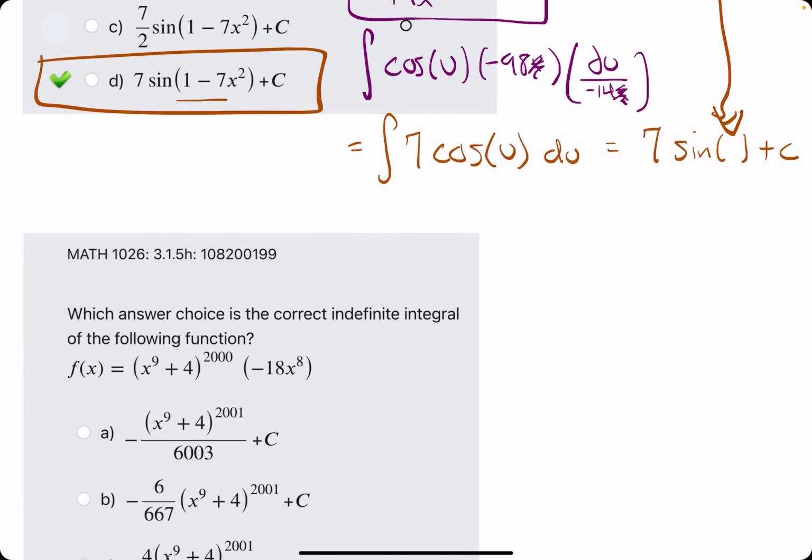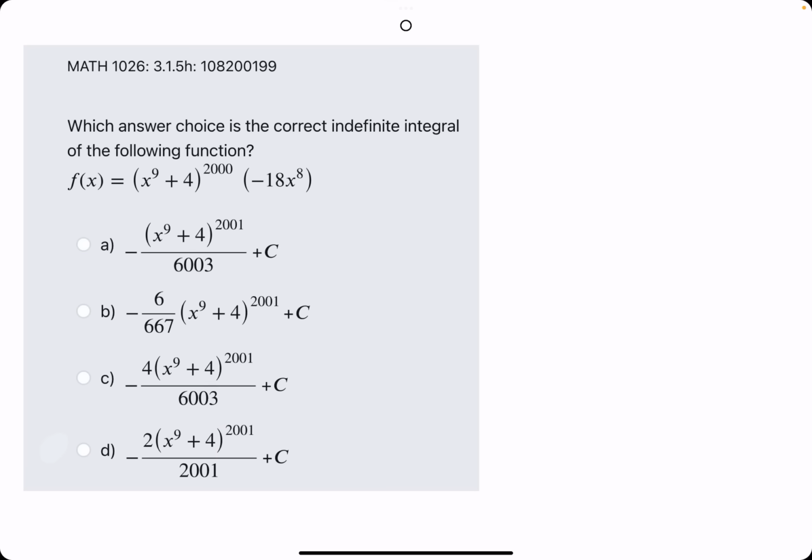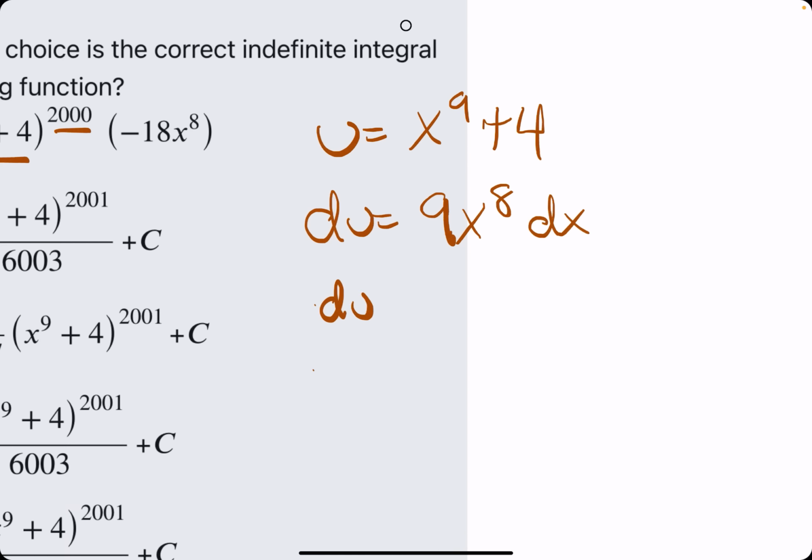All right, let's go and do one more. Again, the inside of the parentheses being acted on by something else, another piece, is the u. So we have u is x to the 9th plus 4, which makes du 9x to the 8th dx, and then du over 9x to the 8th is equal to dx.